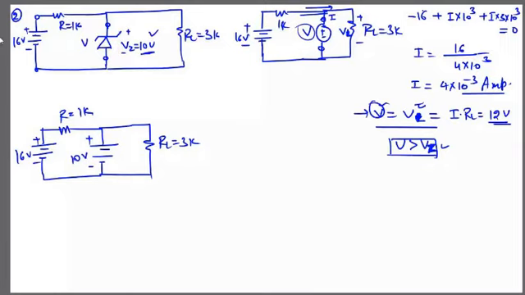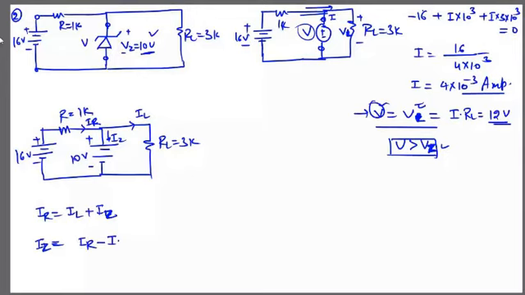No, sir. This current you know well, in that case this is IL, this is IL, and this is IR. So here I was saying that IR equals IL plus IZ, and that IZ equals IR minus IL.